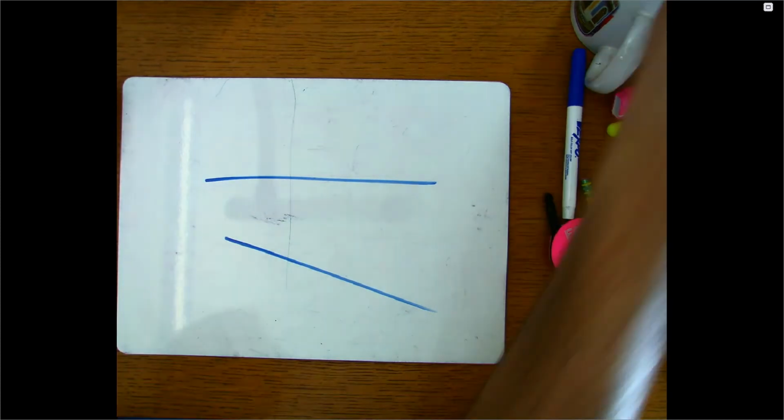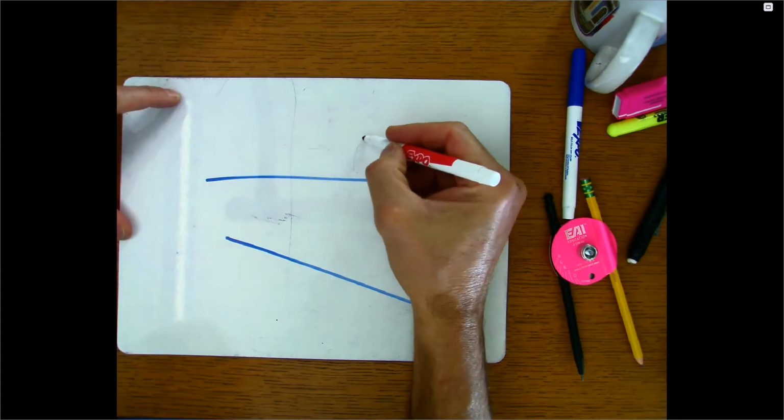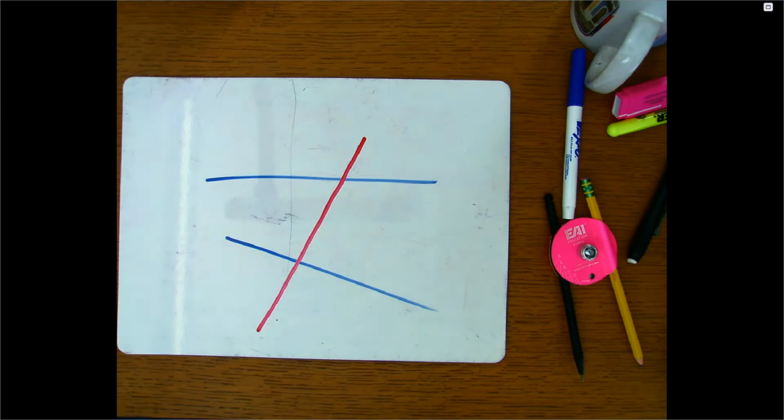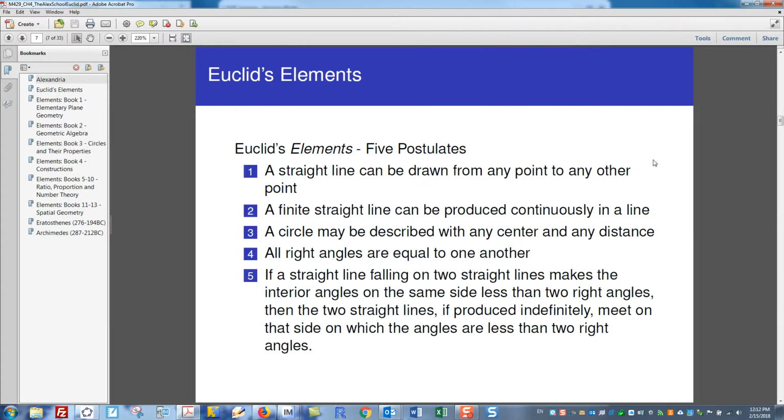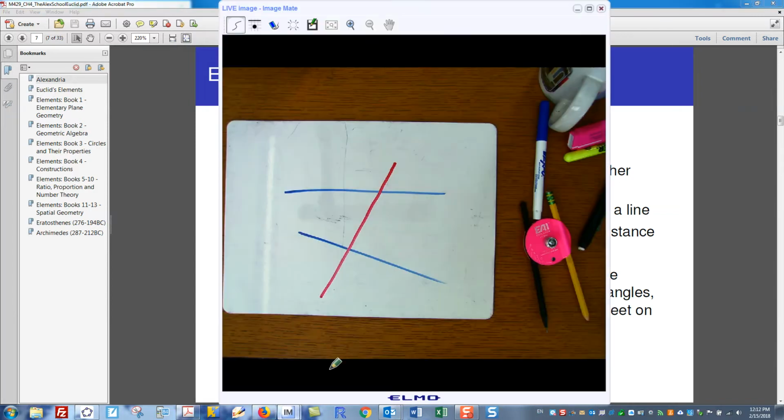And it says if a straight line falls on any 2 lines, such as this, then let's go back and read it again here. It makes interior angles on the same side less than 2 right angles, then the 2 straight lines, if produced indefinitely, meet on that side. So let's go back here.